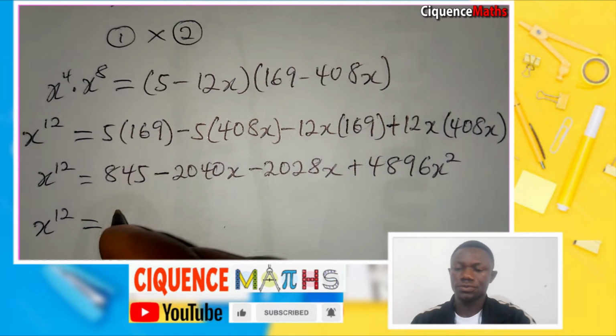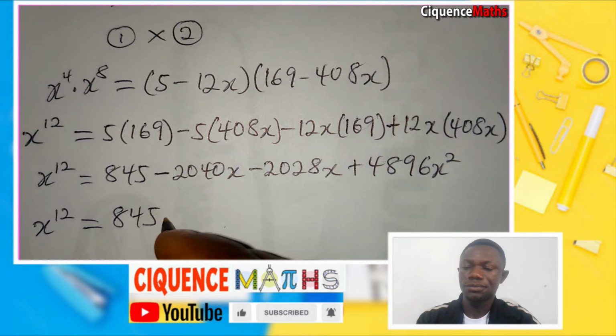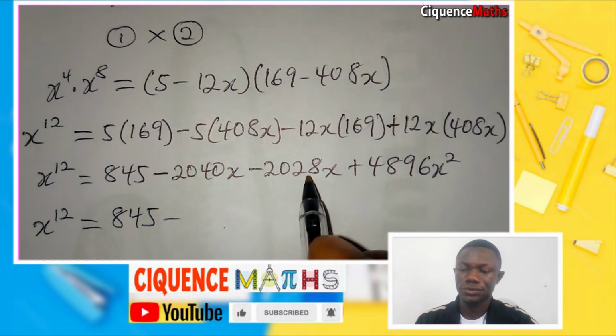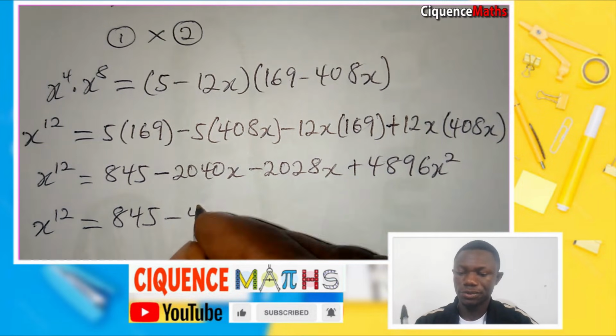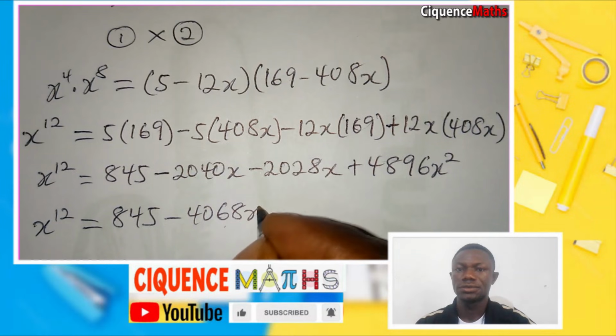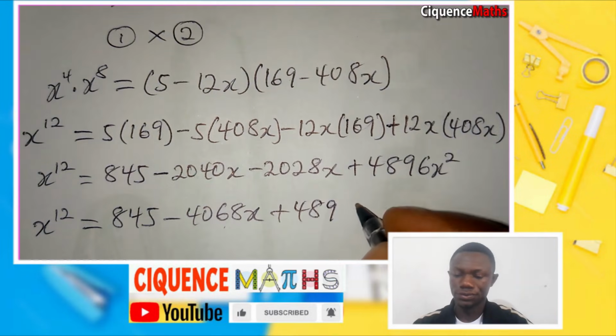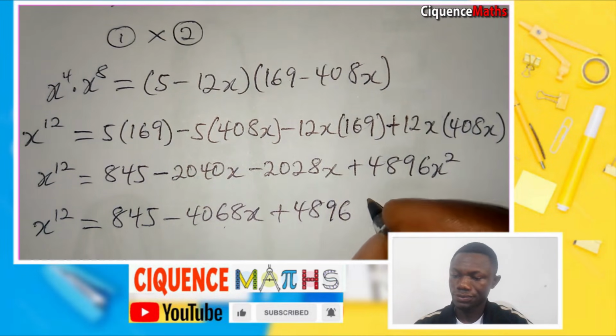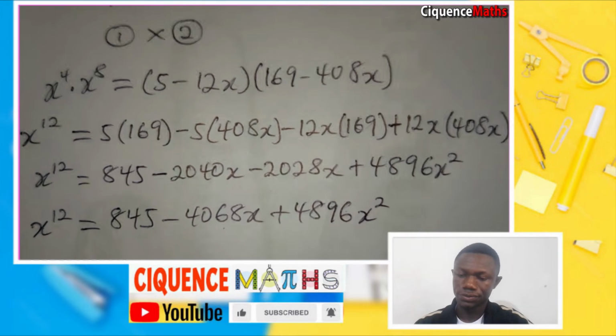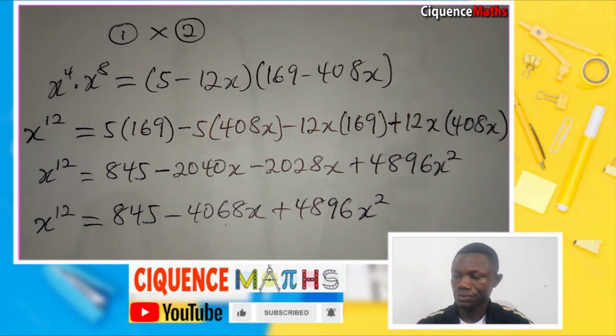Good. Then we simplify further. We add like terms. So we have 845 minus 2040x minus 2028x, which gives us 4068x, plus 4896x squared.